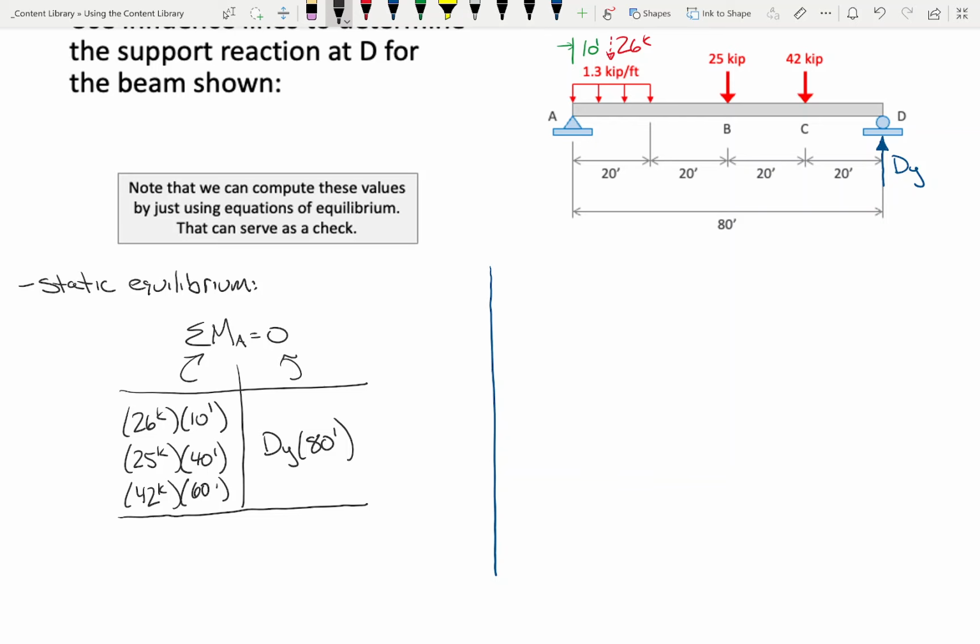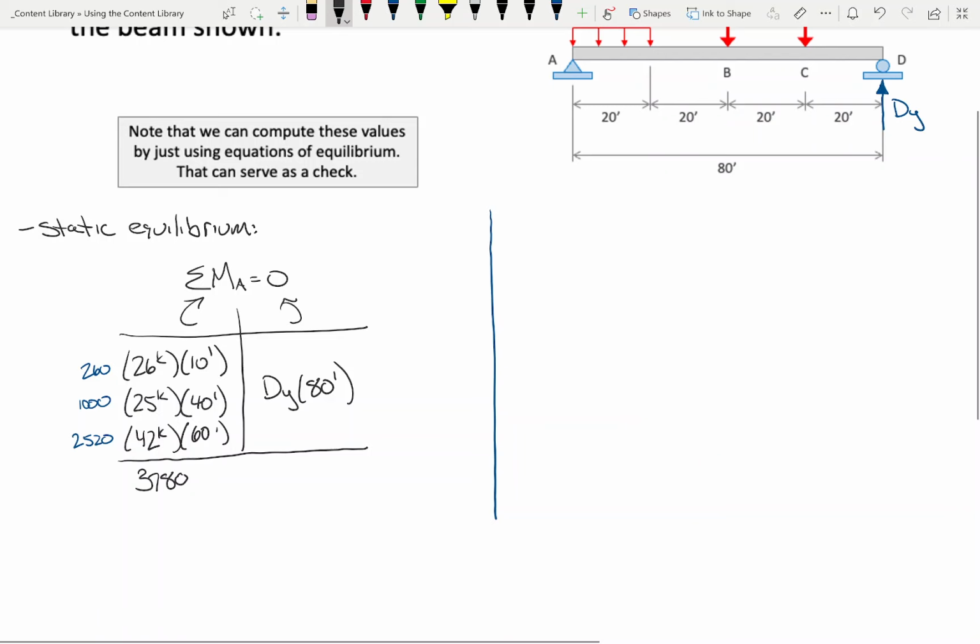Okay, so again, we're treating this basically. 26 times 10 is 260. 25 times 40 is 1,000. And 42 times 60, I'm going to cheat and say that's 2520. Summing that up, I get 3780 foot-kips equals Dy times 80 feet.